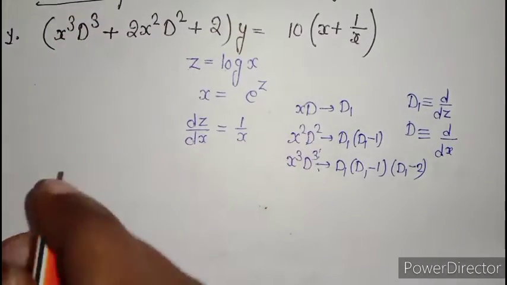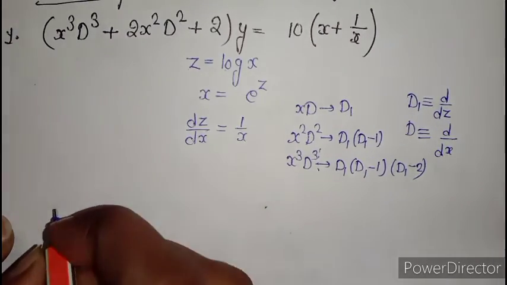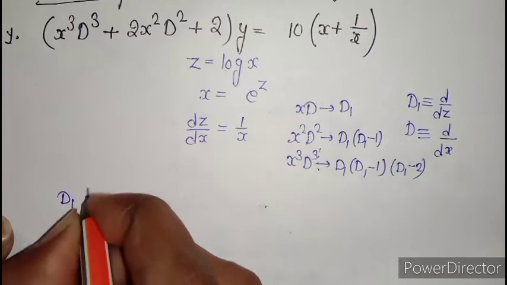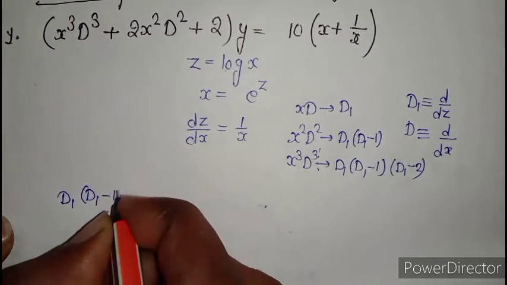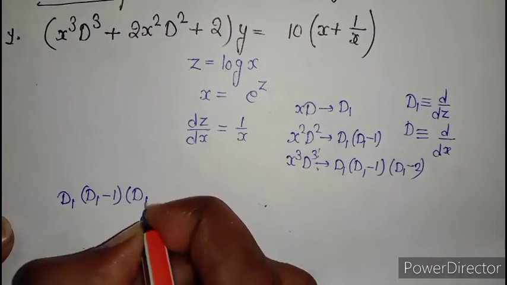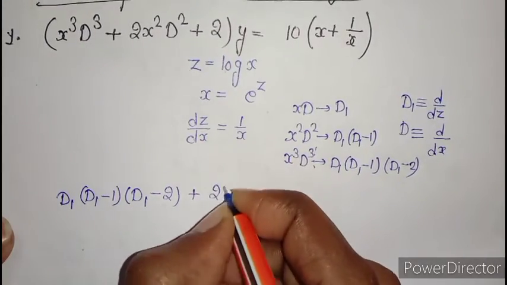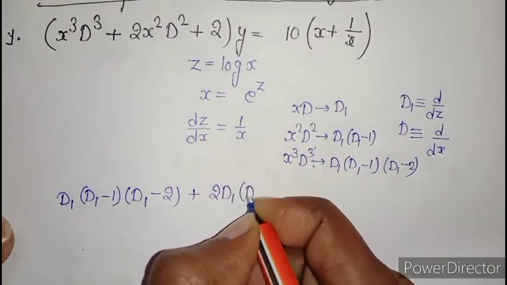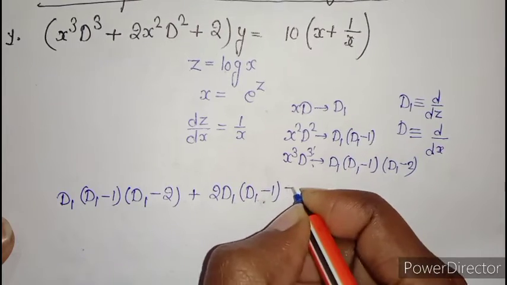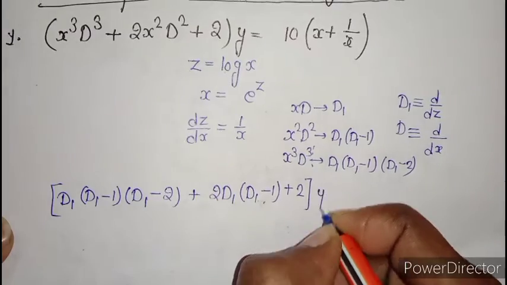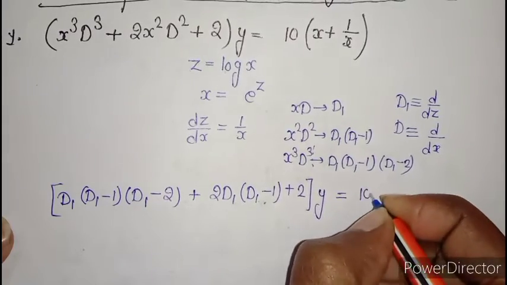Firstly we have to reduce it into the linear differential equation with constant coefficients form. So I can write D1 into D1 minus 1, D1 minus 2, plus 2 D1 into D1 minus 1, plus 2, applied over y is equal to 10.